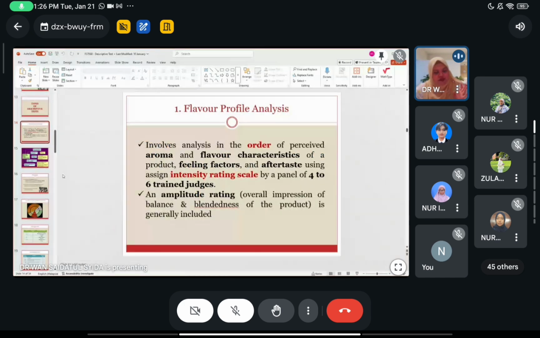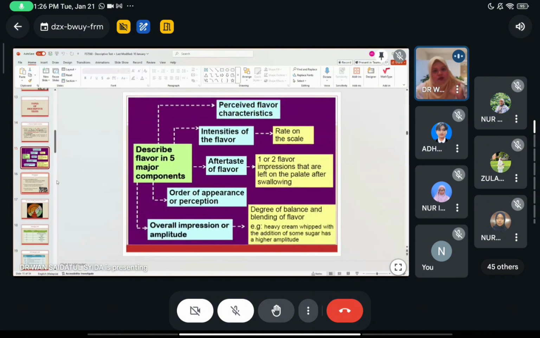All right, so for flavor profile analysis, the most important thing is whatever you have in the notes, what we can do in flavor profiling. There are five components here.